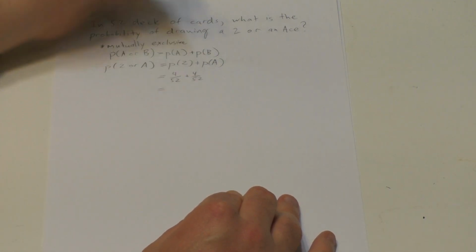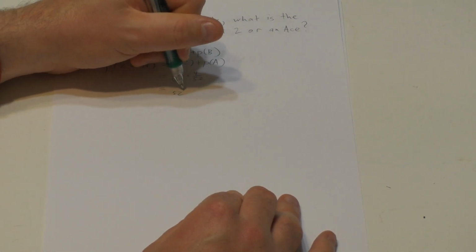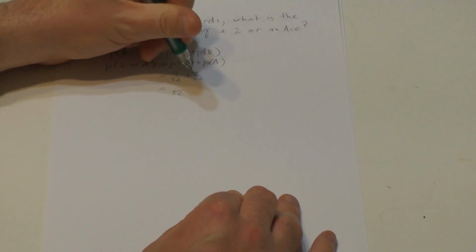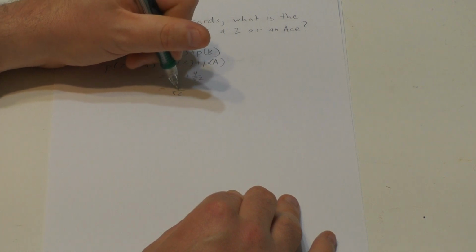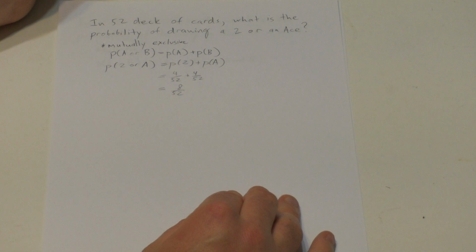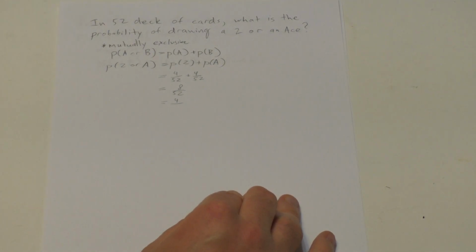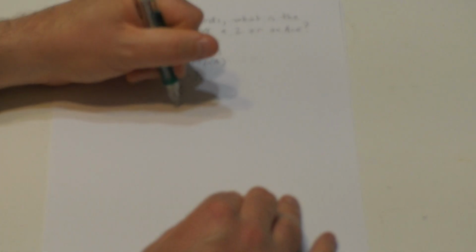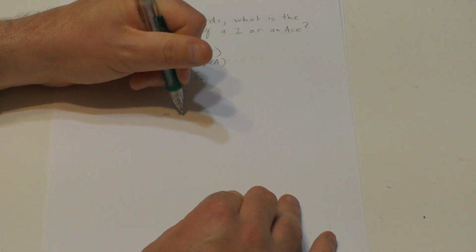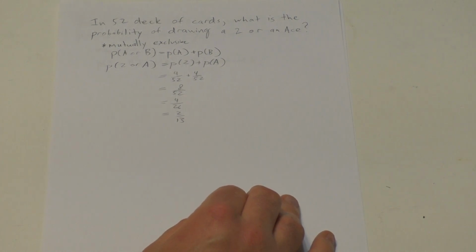They have the same common denominator, so I don't need to do anything to the denominator. All right, so it's going to be 52 on the bottom. 4 plus 4 is 8, and then that would reduce down to 4/26. That would reduce down to 2/13. Okay, so I just added those together and I just reduced down from there.